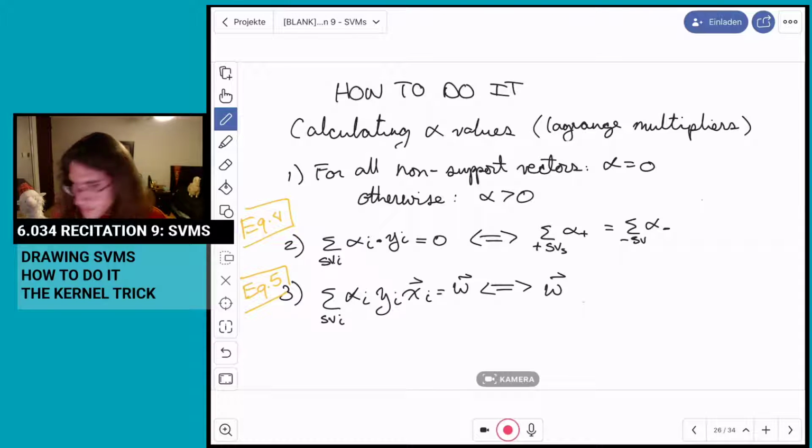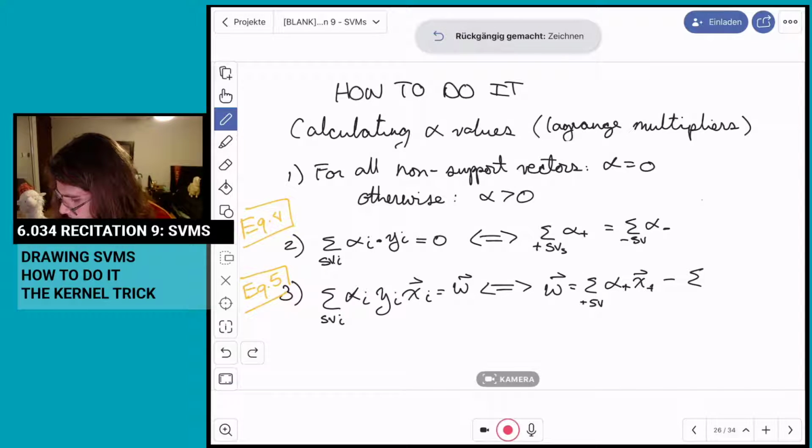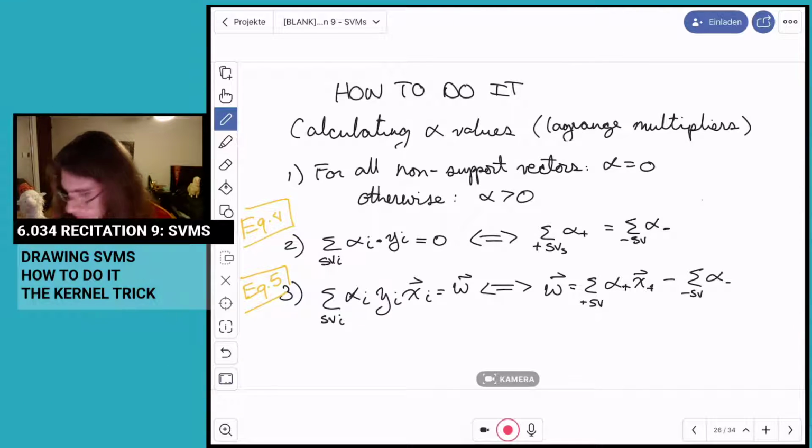So W is equal to the sum of positive support vectors, the positive alpha times the x vector, minus, for the negative support vectors, the alpha of that negative support vector and the coordinates of it.